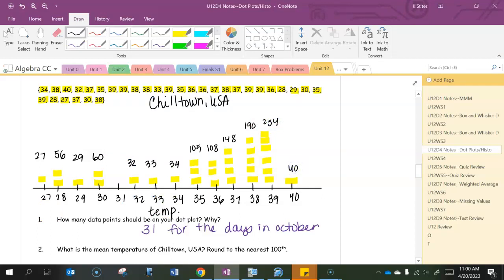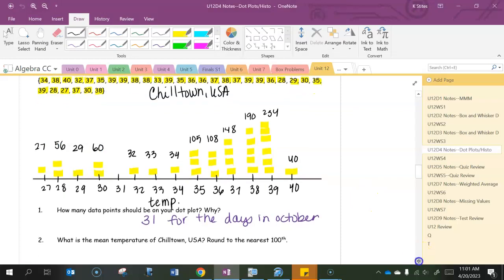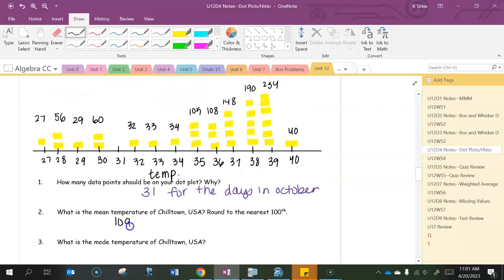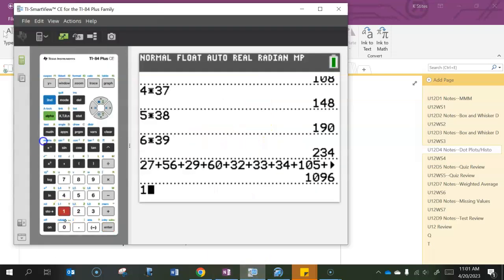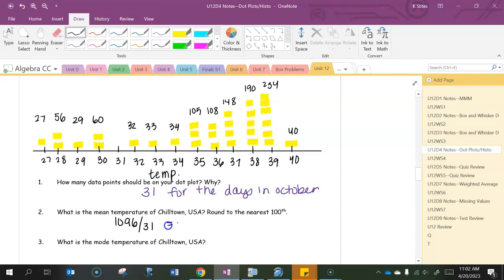So now I'm going to take a moment. I'm going to add all of those sums up that I just got. All right, so I went ahead and I carefully typed in all those sums and I got 1096. And again, I'm going to divide by the number of values, which there are 31. And that gives us about 35.35 degrees for our average.